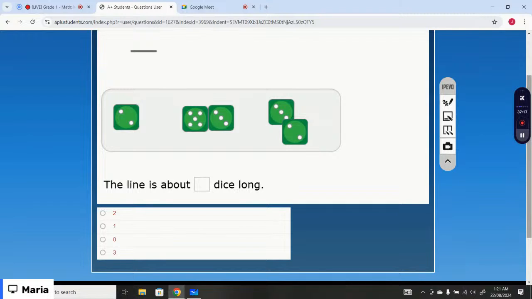The correct option is option number 1. The line is just 1 dice long. The correct option is option number 1. The correct option is 1. Option number 2 is the correct option.